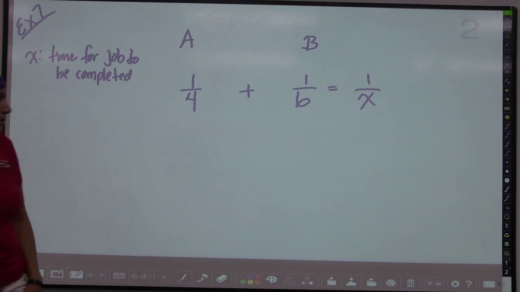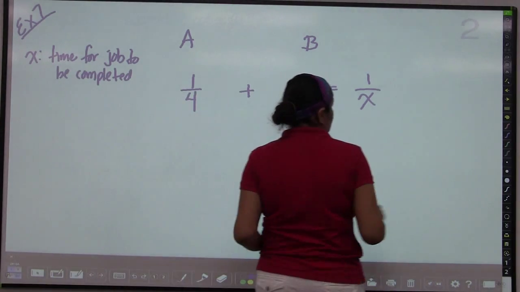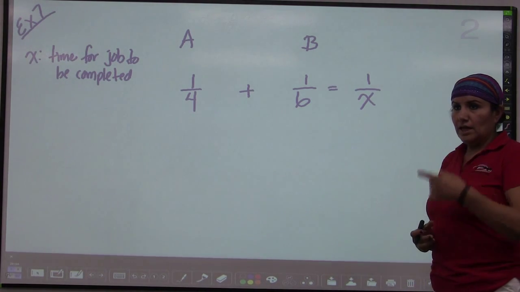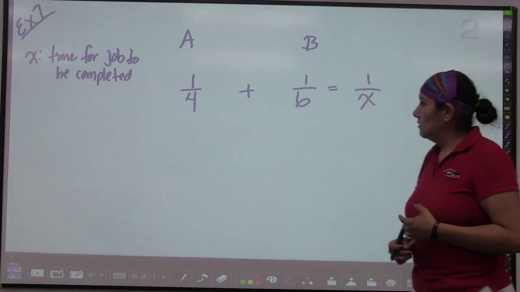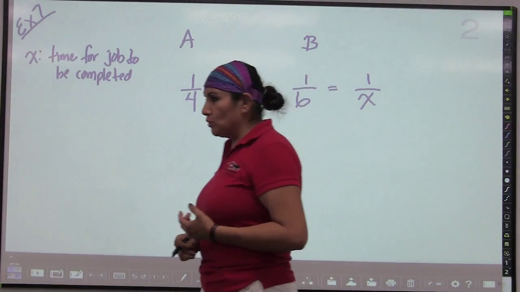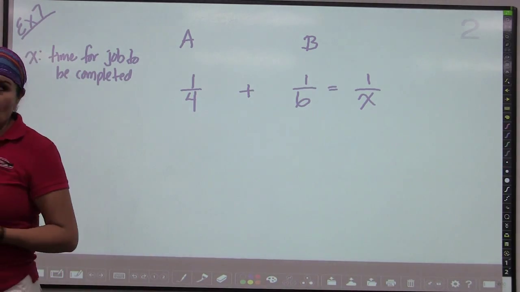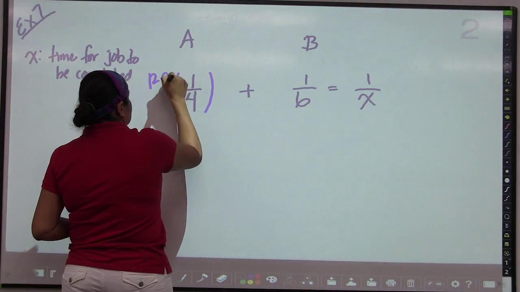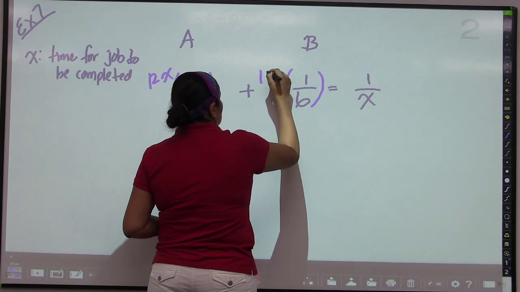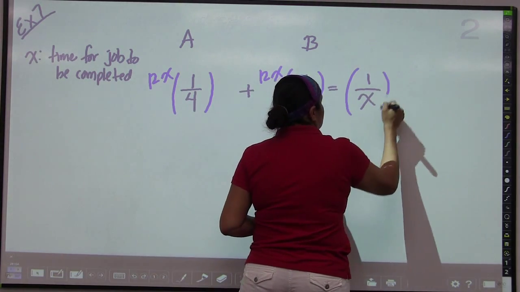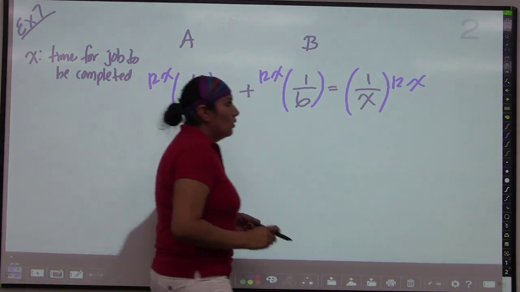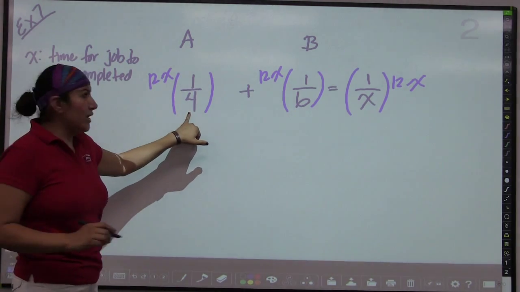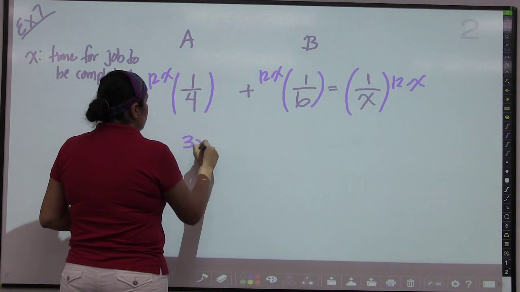All right, so now to solve it, this is your equation. How do we solve it? Any ideas? Angie? Okay, which would be 12x. So we multiply everything by 12x. What's going to happen here is you're going to get 12 divided by 4 is 3, 3x.